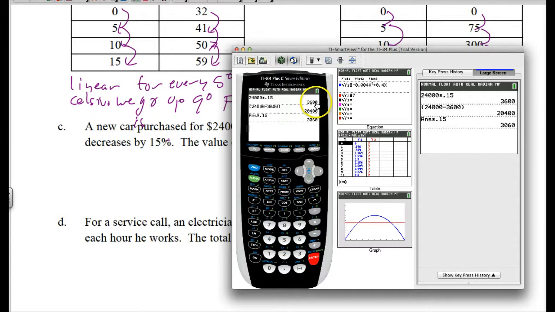So it goes down by 3,600, then down by 3,060. So this is non-linear.